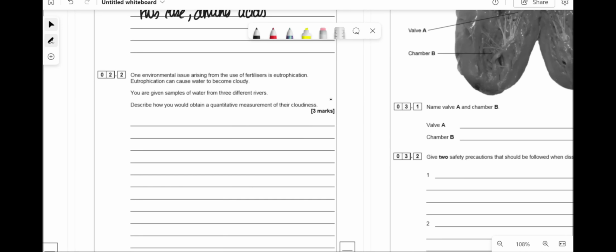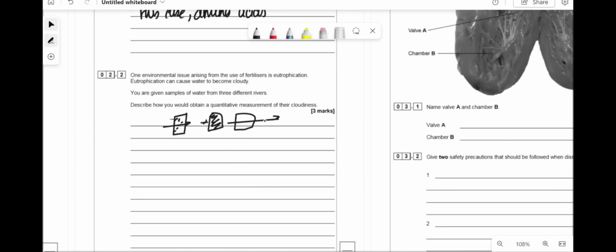So although you haven't done a specific practical with this, you should be able to derive a practical from this. You've got differing levels of cloudiness. So you've got that, and you've got this, and then you've got a very clear one there. Cloudiness happens because light can't get through very well. In this one, some light gets blocked and reflected. This one, not very much light comes through. This one, all the light comes through.